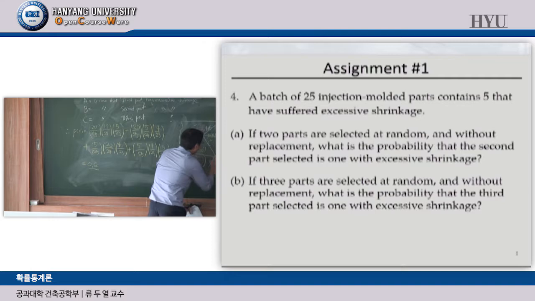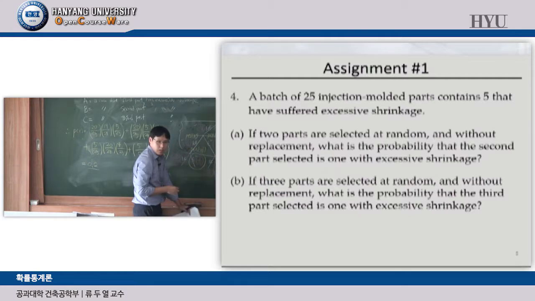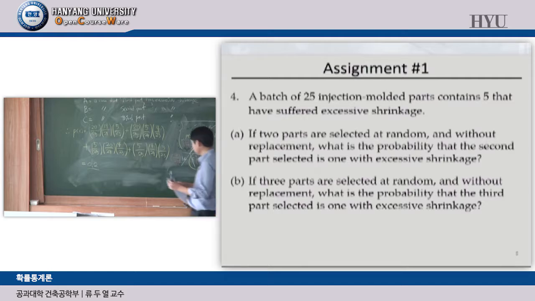That is the probability of A prime intersection B, right? Okay? And what about this? That is the probability of intersection of A and B prime. And for this, there is a probability of intersection of A and B. Okay?